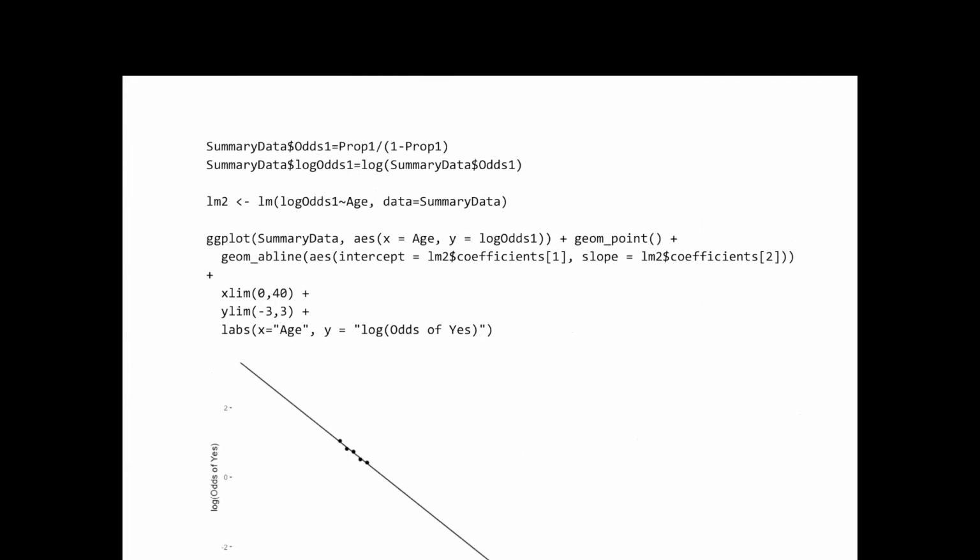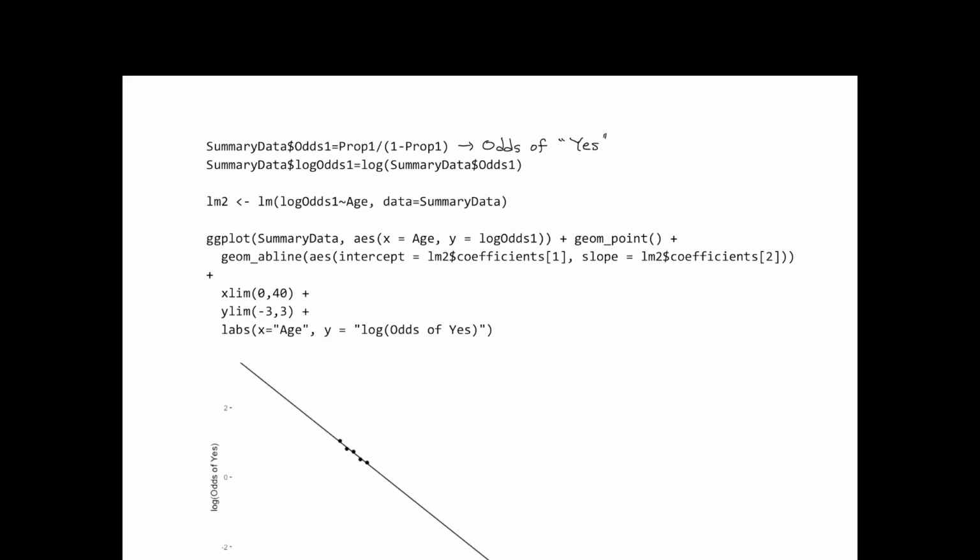Now in this case we didn't have only zeros and ones. Well, we originally did, but then we grouped them by age, right? So I added now these two variables to my summary data set. So this one is finding the odds of a yes response.